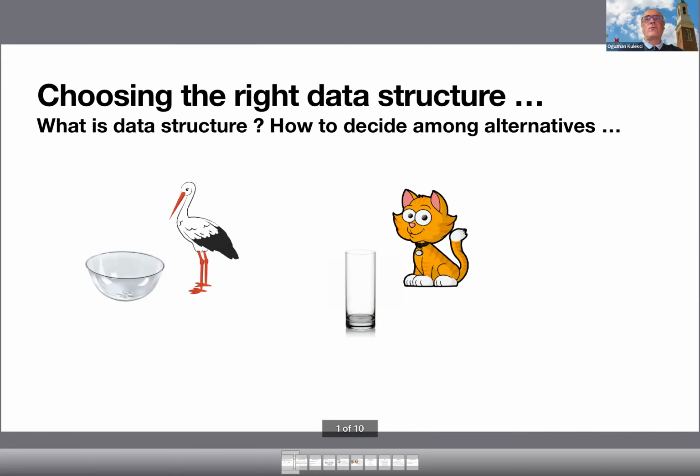Similarly, if you think of data as water, you would like to handle your data in the most appropriate way according to what you would like to achieve. Okay, so according to the computation, I would like to represent my data in the most appropriate structure.